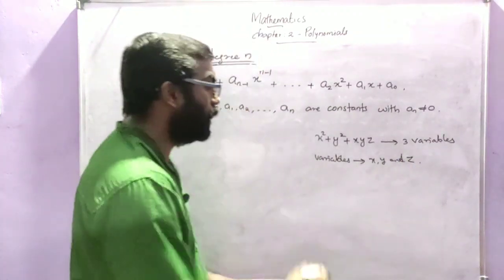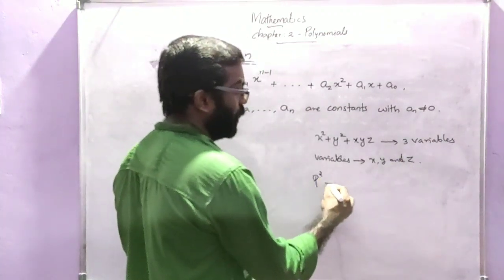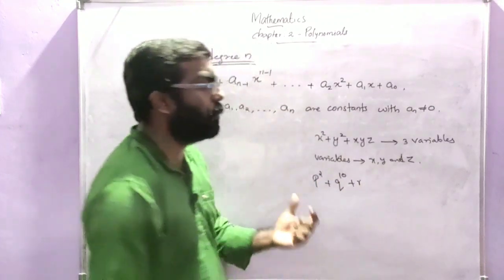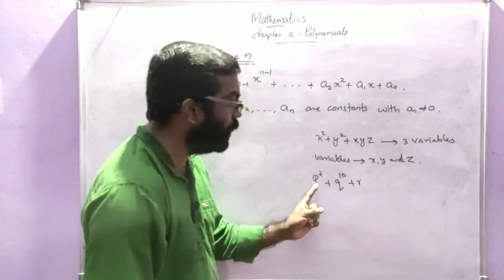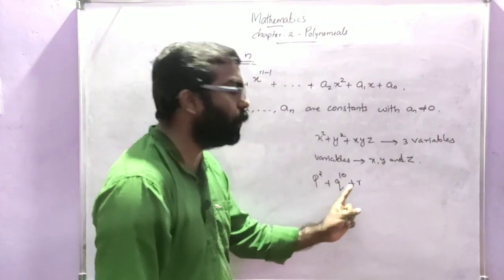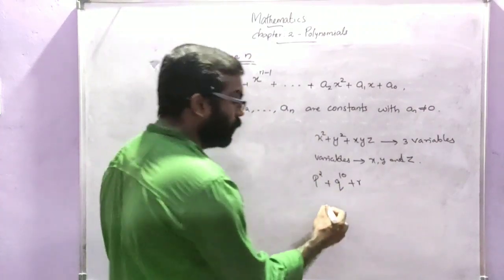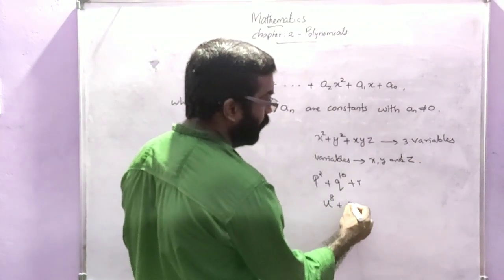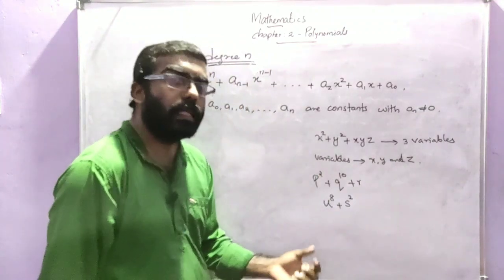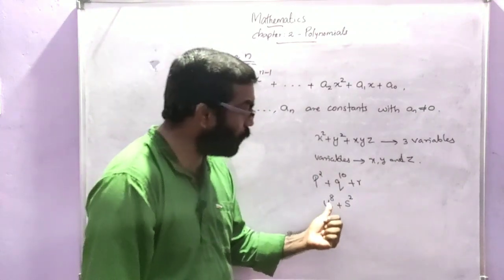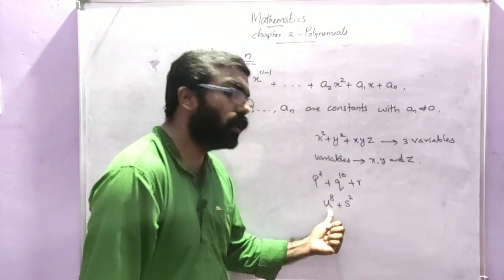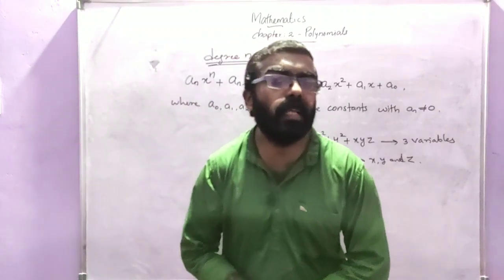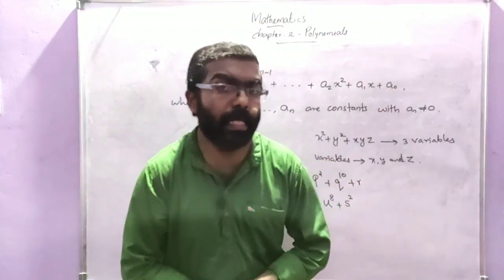Similarly p square plus q raised to 10 plus r is also a polynomial in 3 variables, namely p, q and r. And one more example, u raised to 8 plus s square is a polynomial in 2 variables, namely u and s. Okay, you will be studying such polynomials in detail later.